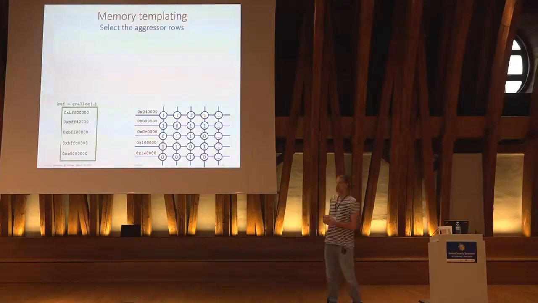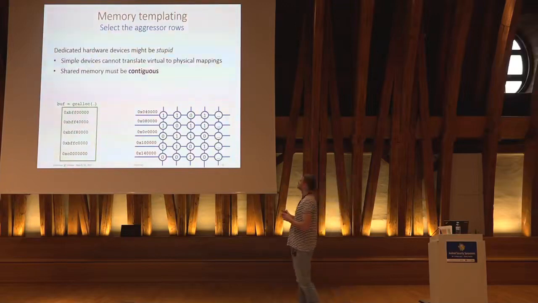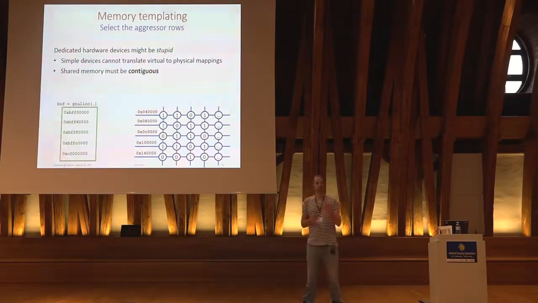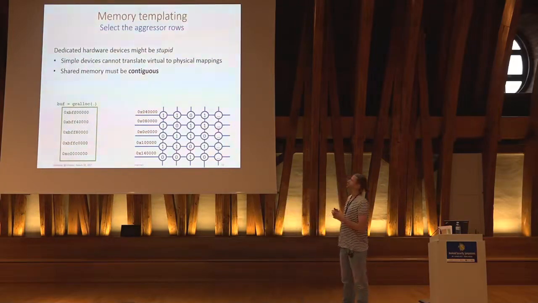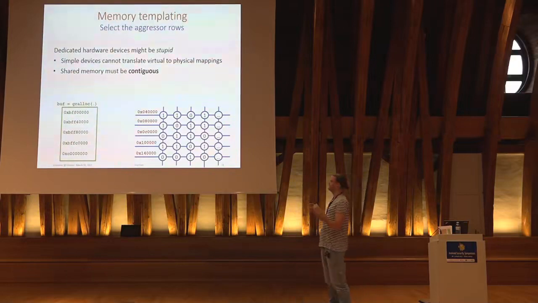For the second challenge, selecting the aggressor rows, we found that Android's DMA implementation already gives us a lot of useful pointers. Dedicated hardware devices might be very simple, and such a simple device cannot always translate virtual to physical addresses correctly.